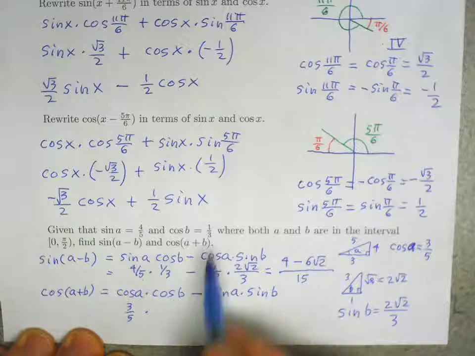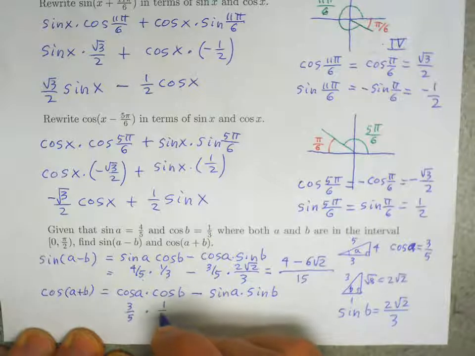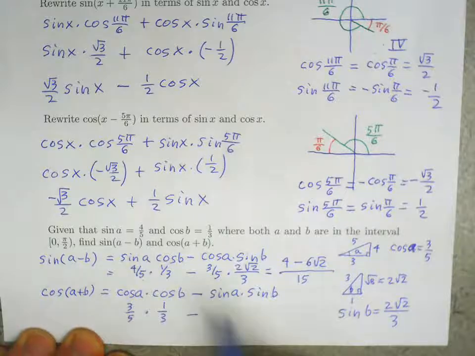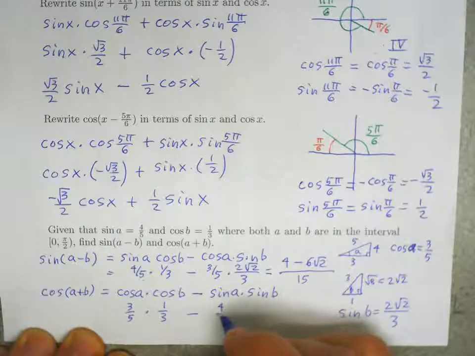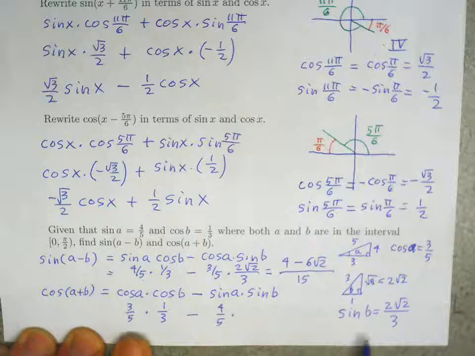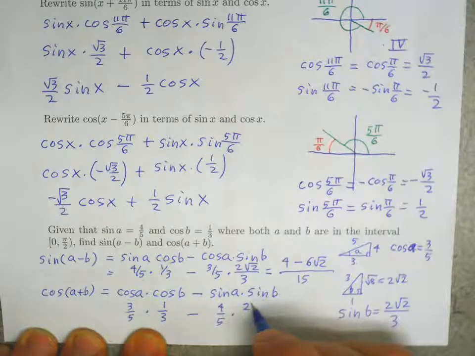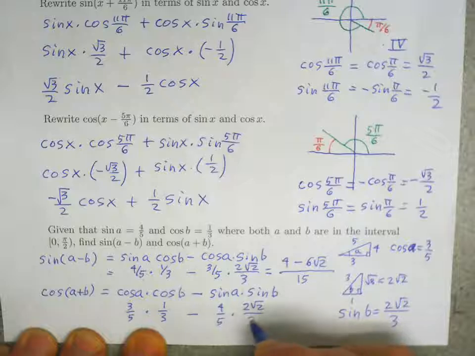Cosine of B is given to be 1/3. And then minus sine of A, that's given to be 4/5. And sine of B is 2 times the square root of 2 over 3.